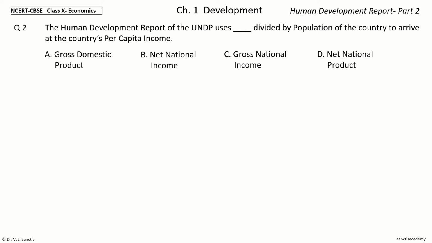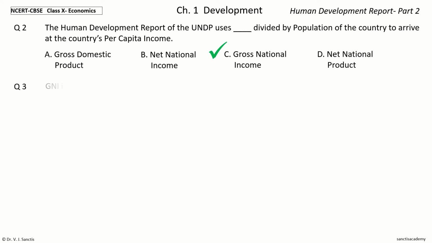Your time to choose. And the answer is Gross National Income. So, the Human Development Report of the UNDP uses Gross National Income divided by population of the country to arrive at the country's per capita income.